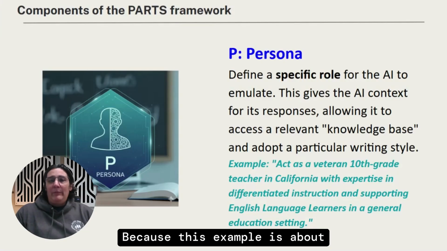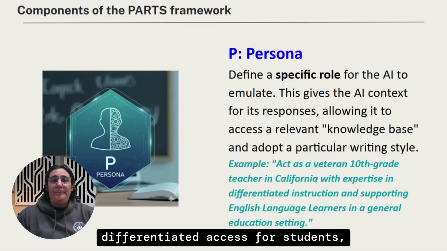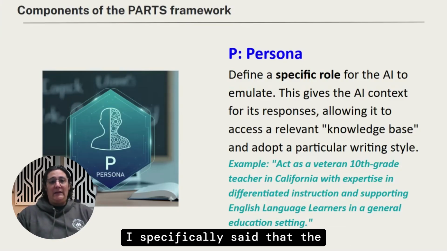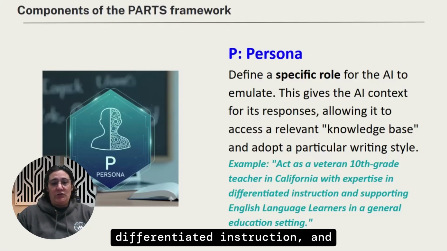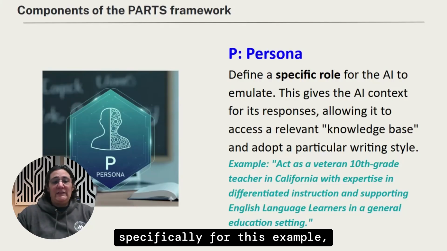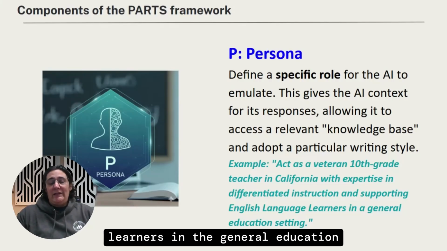Because this example is about creating something that is for differentiated access for students, I specifically said that the veteran teacher has expertise in differentiated instruction, and specifically for this example, supporting English language learners in the general education setting.